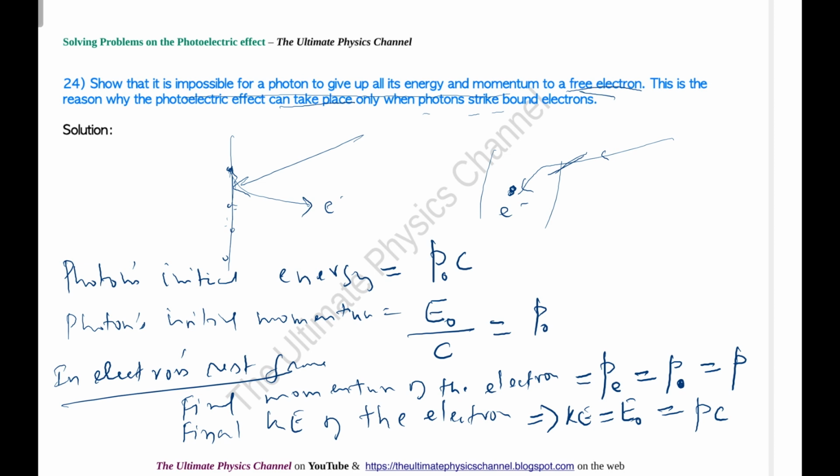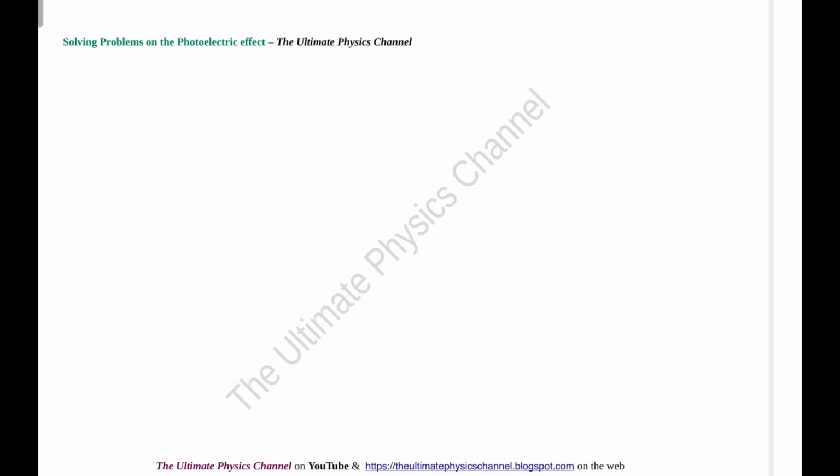But we know that the electron energy, E suffix e, must be equal, according to the relativistic expression for the energy of a particle, to its relativistic kinetic energy plus its rest energy. For the electron, it's m suffix e, the mass of the electron, times c squared.